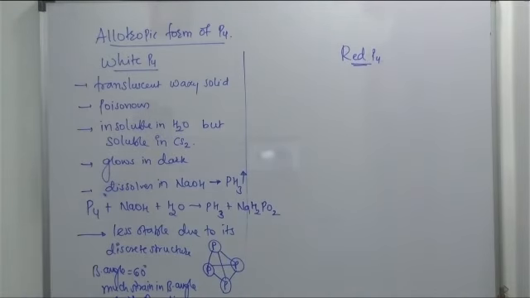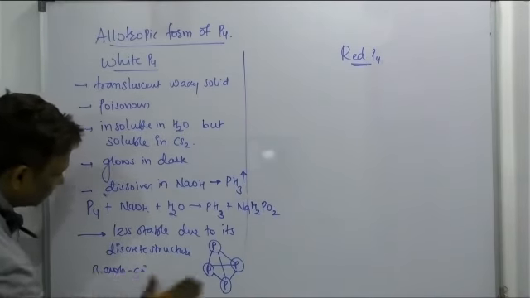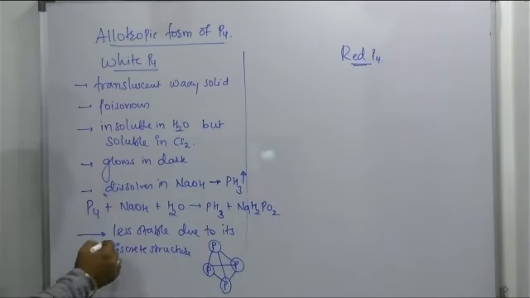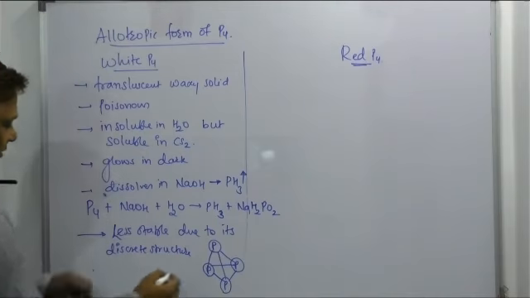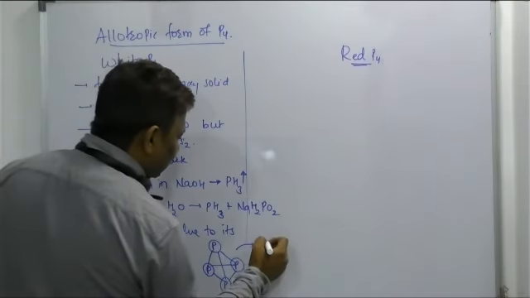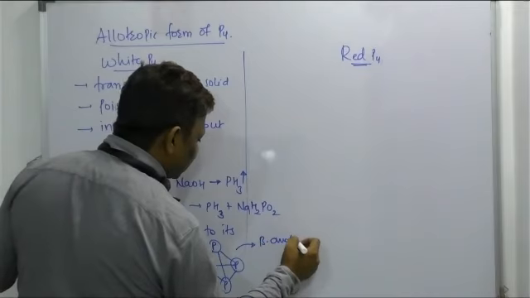Please note down this very important point. I'll write it here, beta, as you are unable to see the last line. Why is white phosphorus less stable? Due to its discrete structure, meaning its bond angle is 60°.